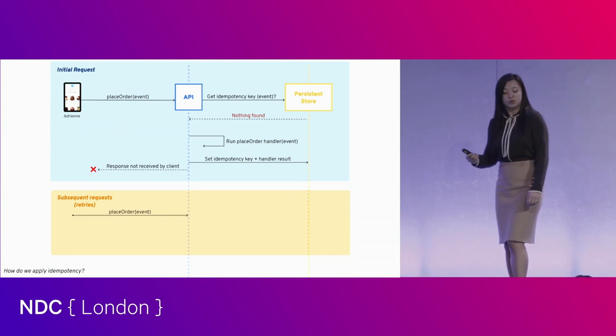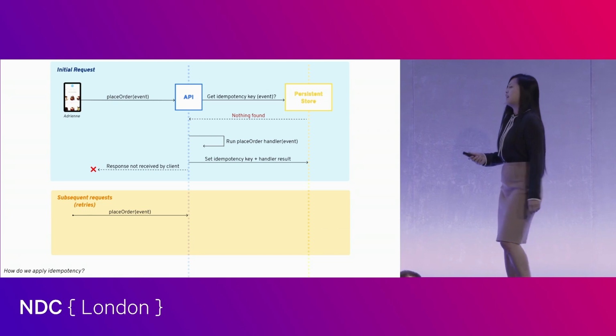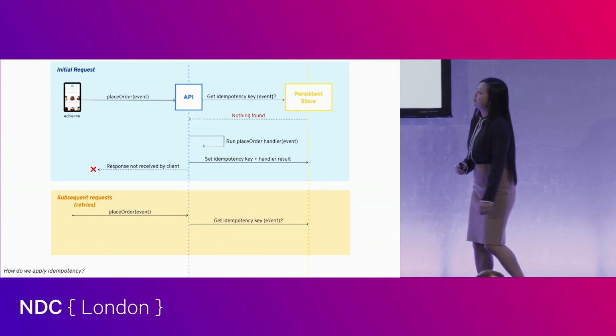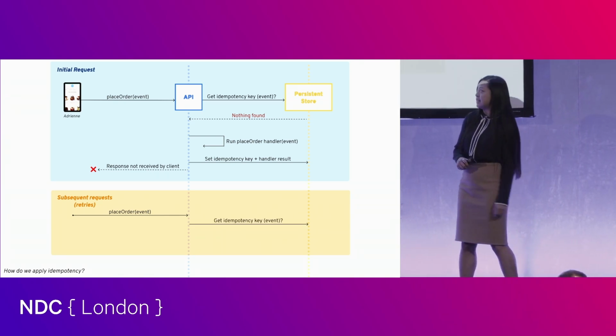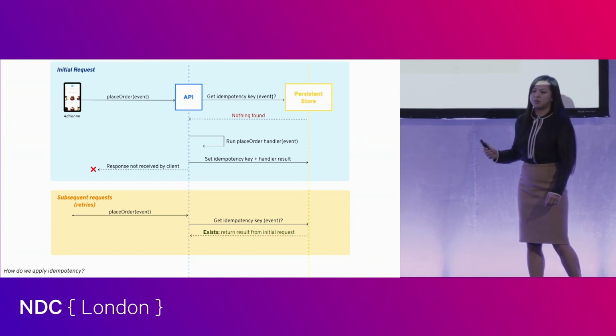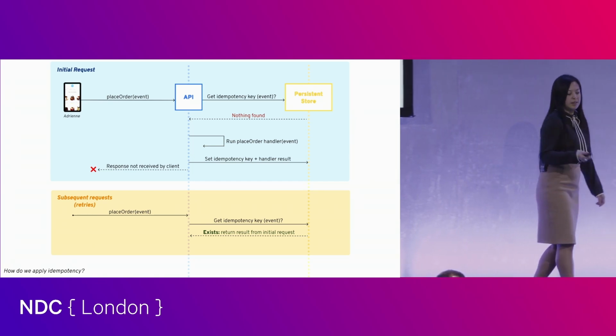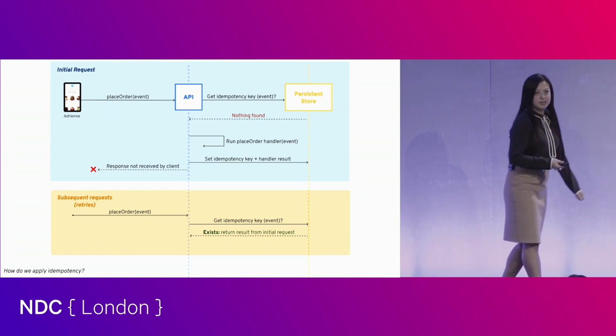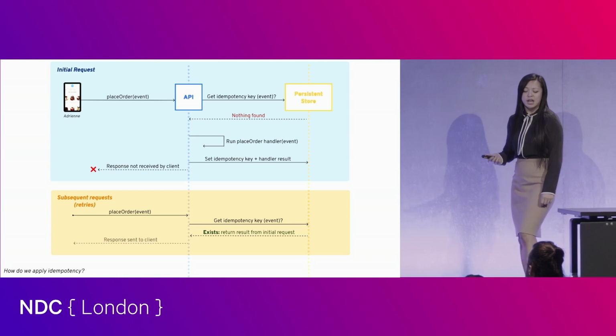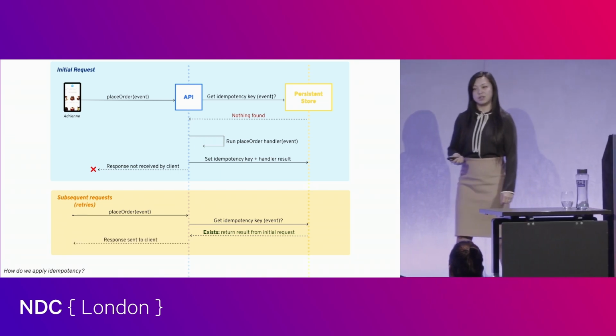Let's say I do go through and get click heavy and place that order. It's going to go now and say, hey, do we see this idempotency key? And this time it's going to exist. This time it's going to know this is the same cake addict that is requesting it, and she's ordering the same thing, and we've already processed it, so let's send that response back to the client.